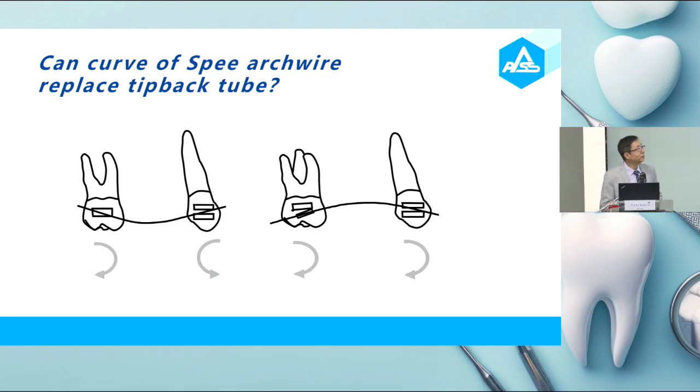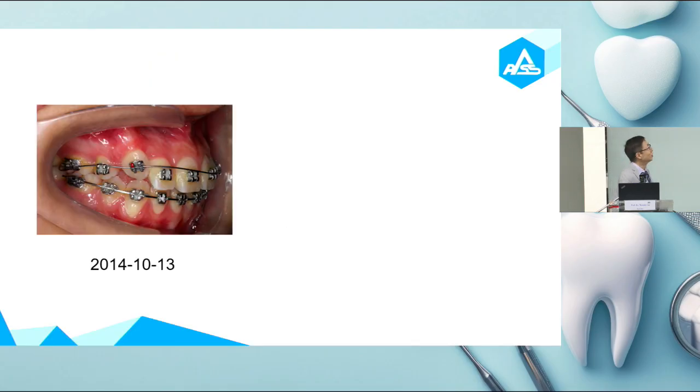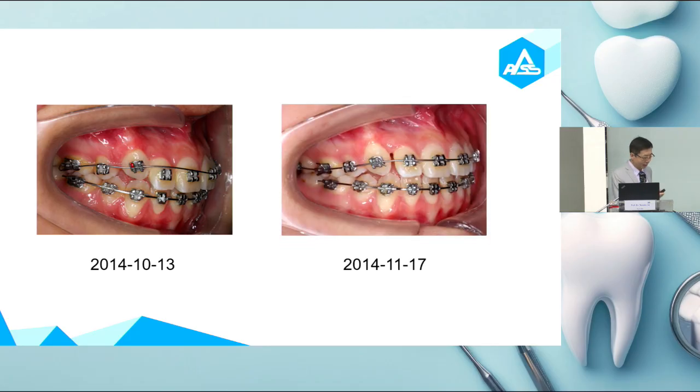If you are not familiar with these mechanics, I will show you a case. It's a canine forward tipping. You will see space here. I use the tip-back tube and insert it in the canine slot, but not those ones. After 1 month, you'll see the space from distal to mesial.